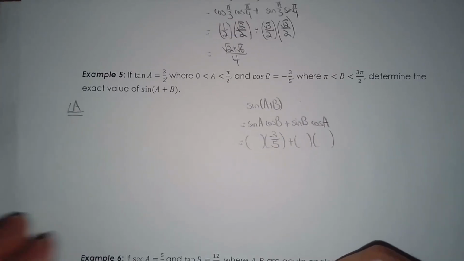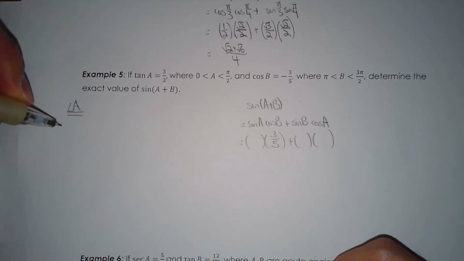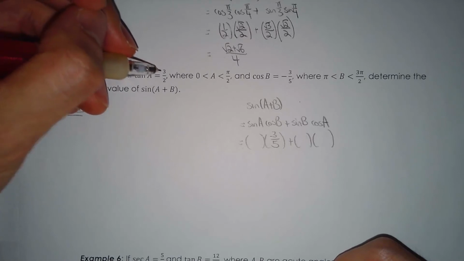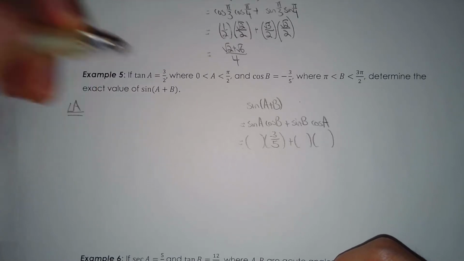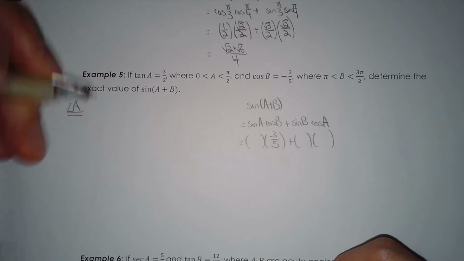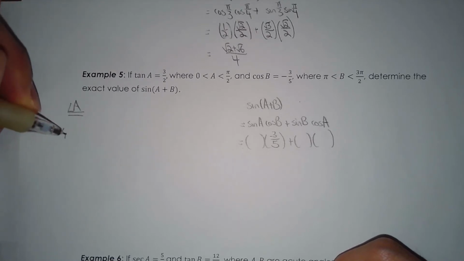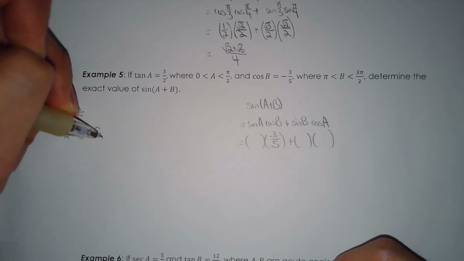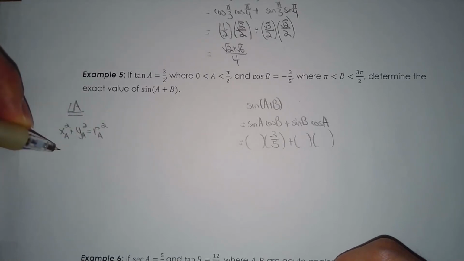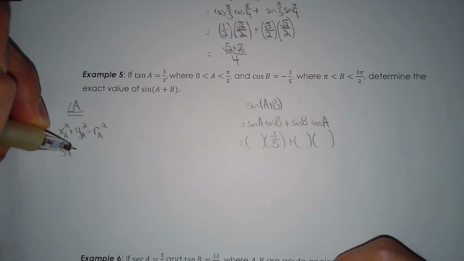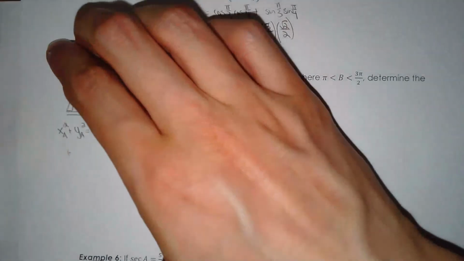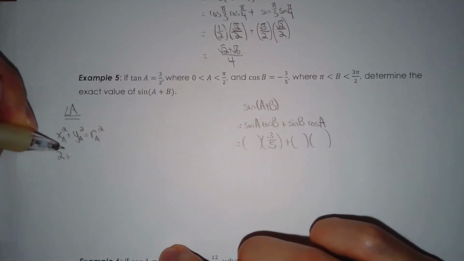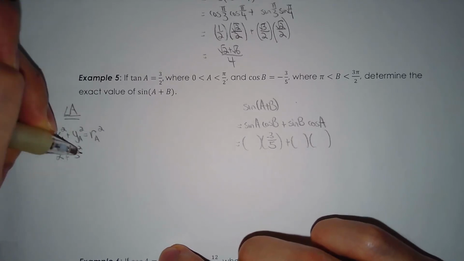So angle A, I'm given y is equal to 3 and x is equal to 2, sorry. So I'm going to put some extra notation here because I don't want you to get confused because I'm working with angle A. So x is 2 and y sub A is 3.